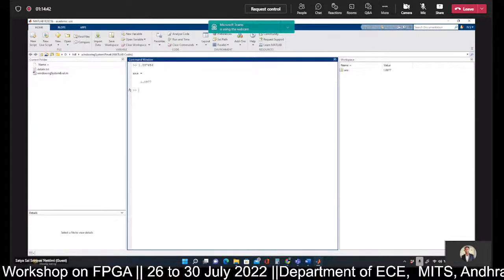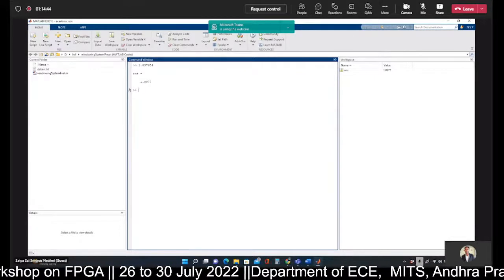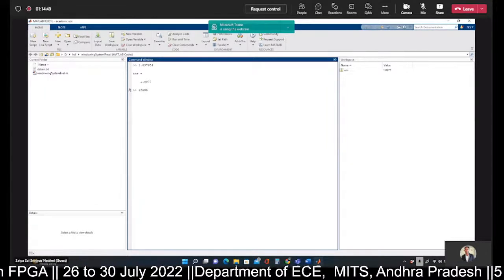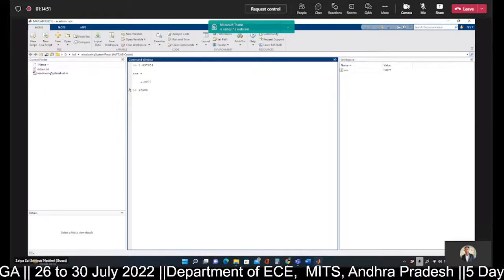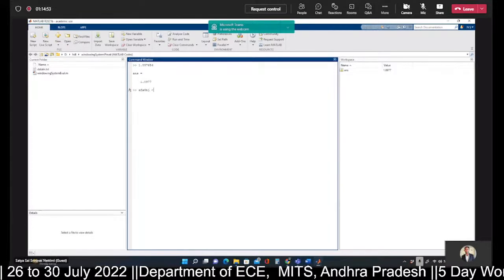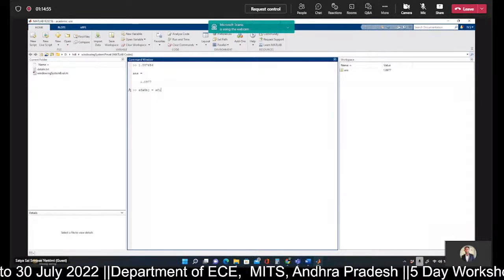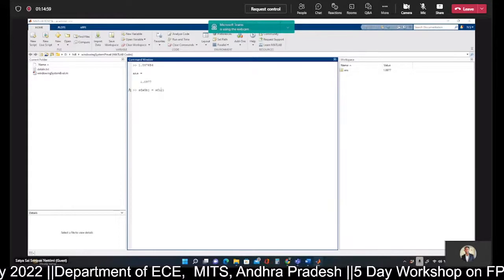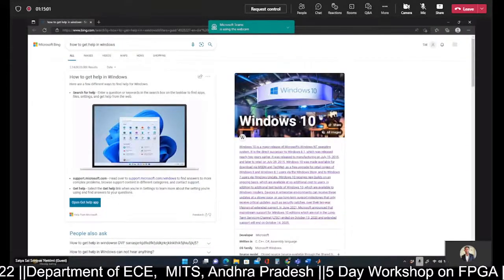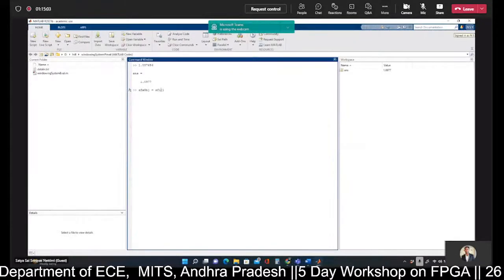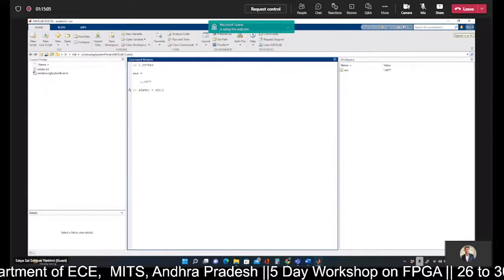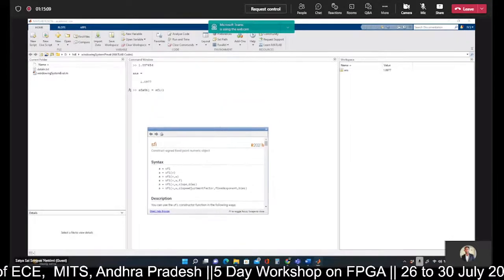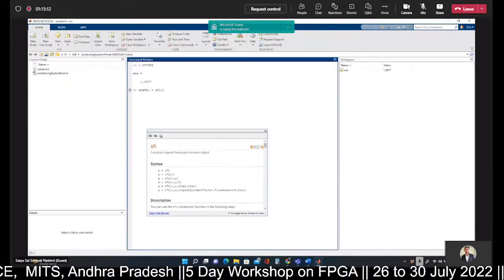Now we'll try to convert it into signed fixed point. There is an inbuilt function in MATLAB to convert any numerical value into signed fixed point representation.